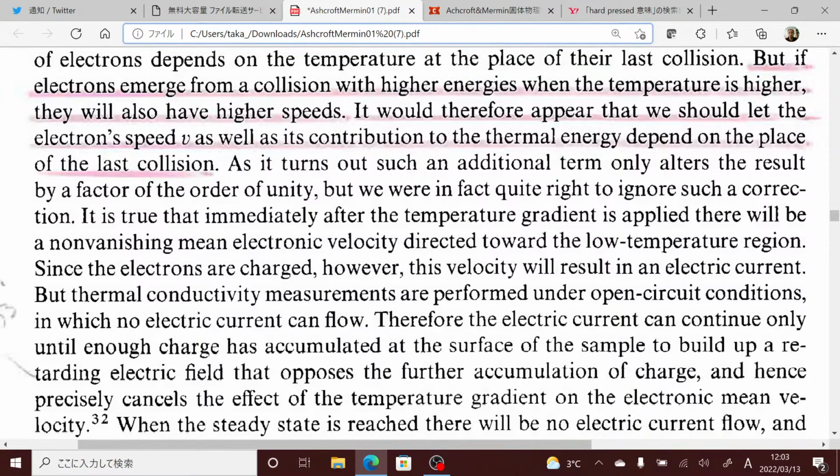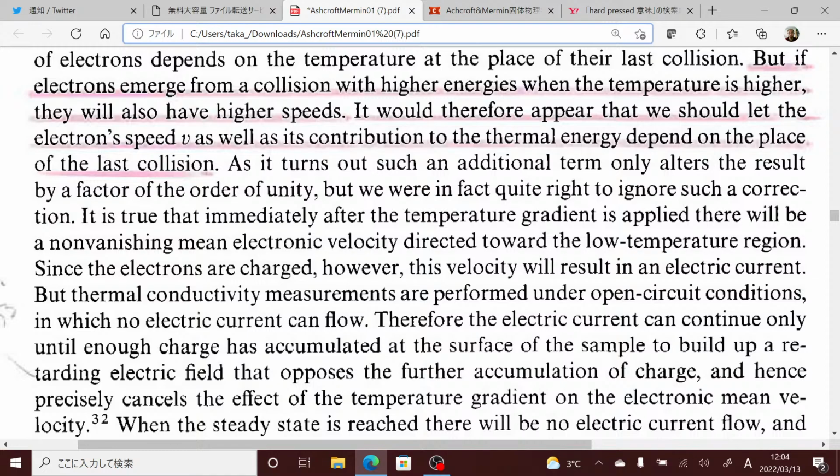As it turns out, such an additional term only alters the result by a factor of the order of unity, but we were in fact quite right to ignore such a correction.